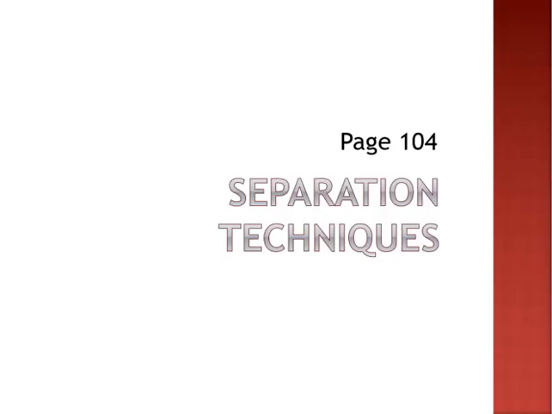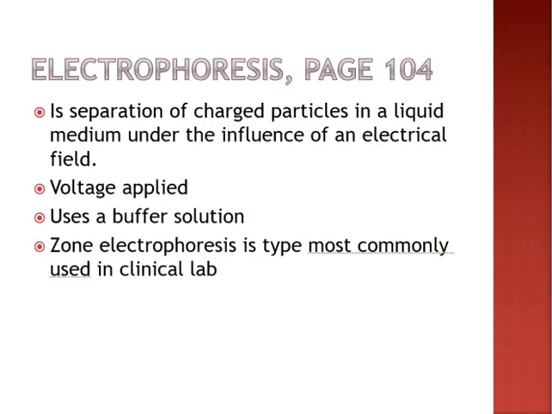Now let's switch gears a little bit and talk about some separation techniques that are used in clinical chemistry. Let's talk about electrophoresis. We've already talked about this in particular when we were talking about protein electrophoresis. It's a separation of charged particles in a liquid medium under the influence of an electrical field.